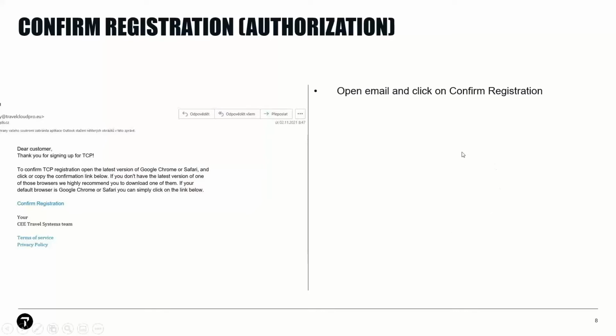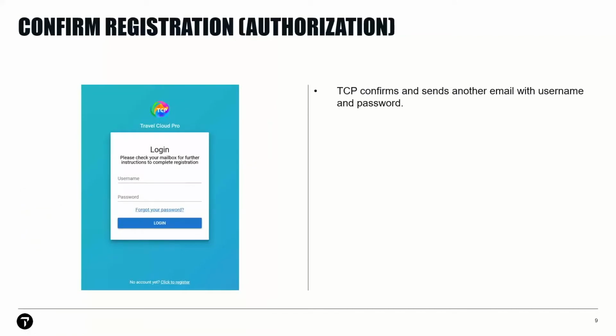Once the agency or the user clicks on that, the TCP responds with thank you, and please check your mailbox for additional information. TCP confirms the registration and sends the username and password to the same email address as was filled in the first step.